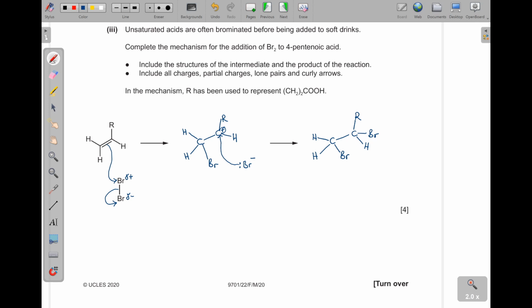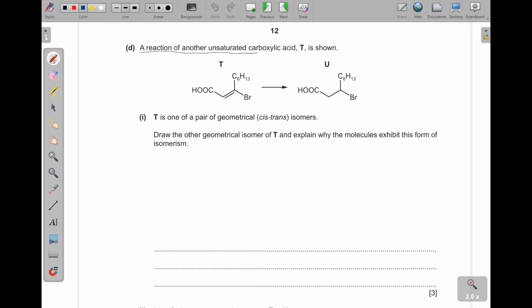Then D, a reaction of another unsaturated carboxylic acid T is shown here. T is one of a pair of geometrical cis and trans isomers. Draw the other geometrical isomer of T and explain why the molecules exhibit this form of isomerism. Okay, since this one is a double bond, we can see that here there is a silent hydrogen. Remember, the hydrogens which are directly connected to the carbons are hidden in the skeletal formula.